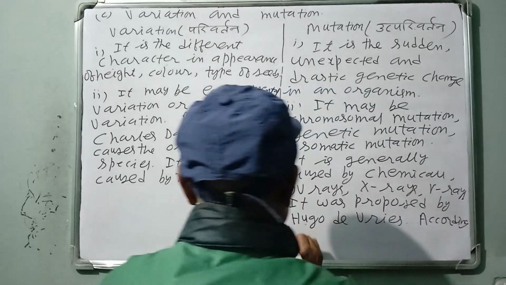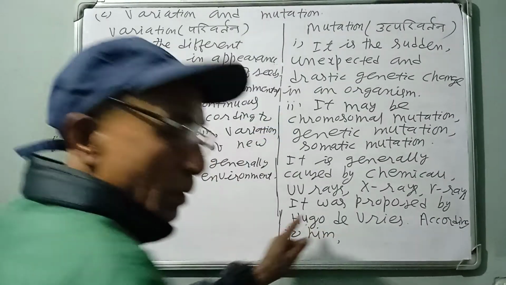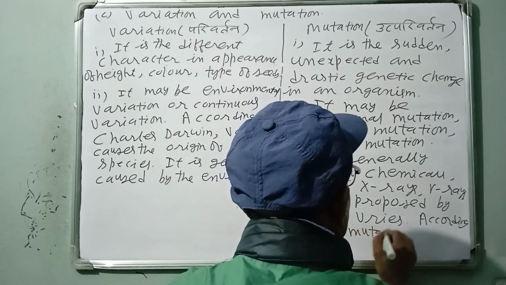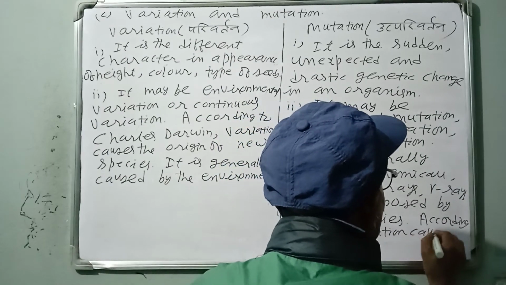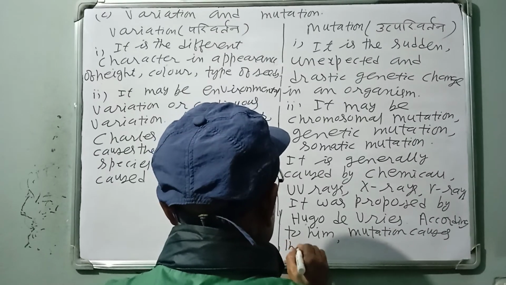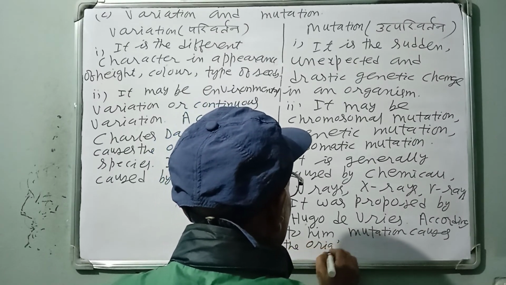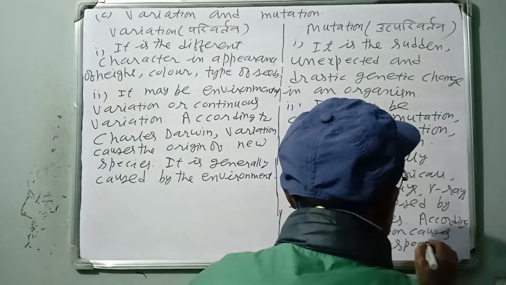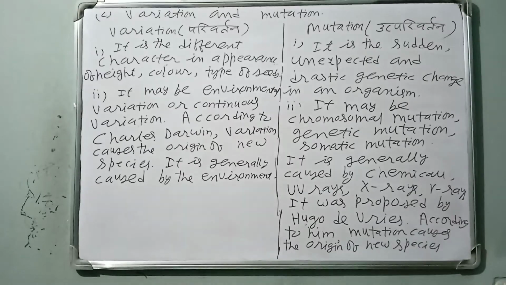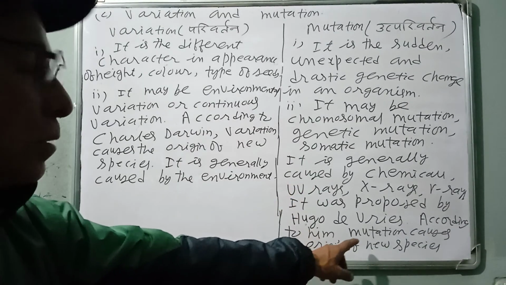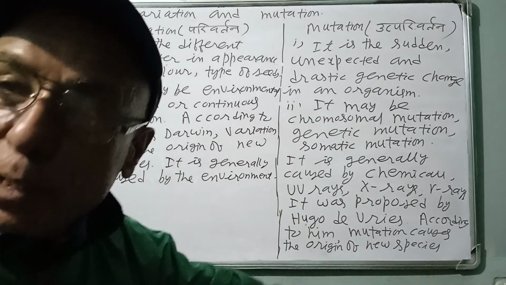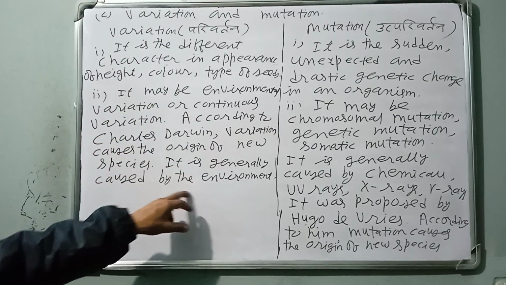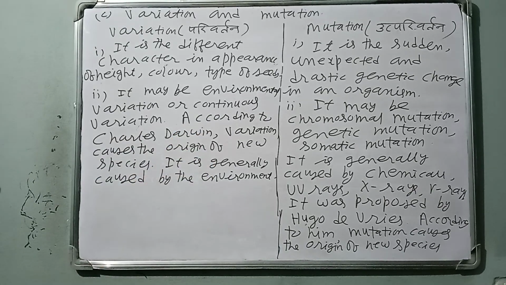According to him, mutation causes the origin of new species. According to Hugo de Vries, mutation is the cause of origin of new species, whereas according to Charles Darwin, variation is the cause of origin of new species.